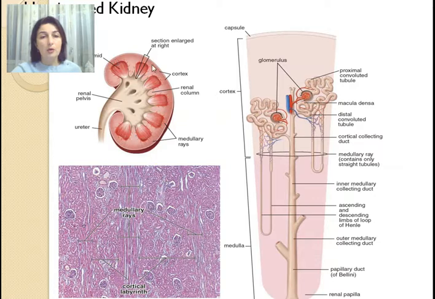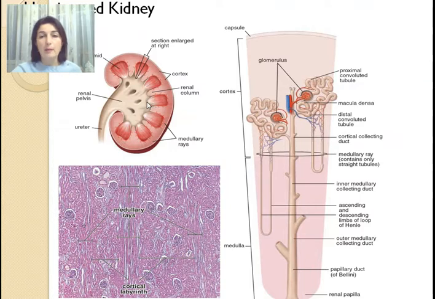Also, we have continuation of the medulla into the cortex, which is called medullary rays. Medullary rays are continuations of the tissue of the medulla into the cortex. Each pyramid has a base which faces the cortex, and an apex which faces the lumen of the organ.